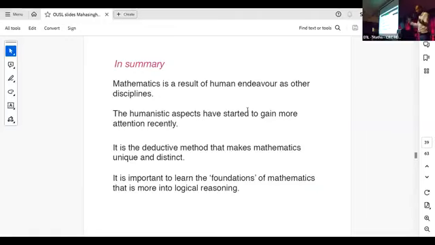What makes mathematics unique is deductive reasoning, which is taught in the logic module, and it is very important to follow. The foundations of mathematics are in logic. These are the things I want to summarize from my talk this morning, and there will be another session after the break, I suppose.